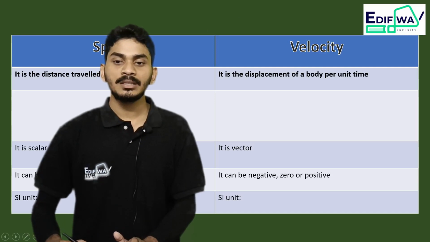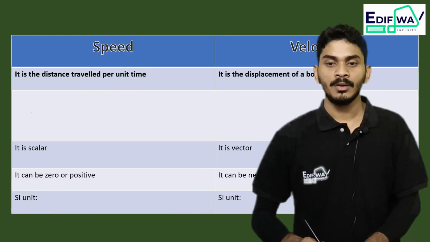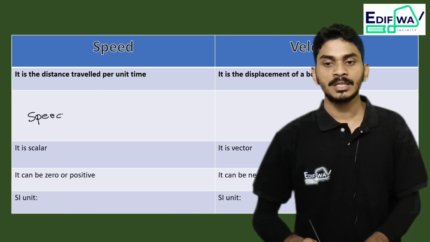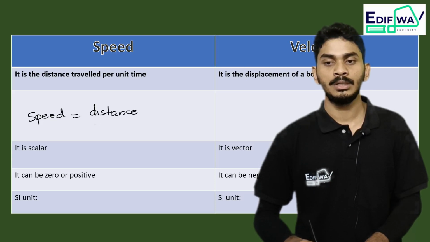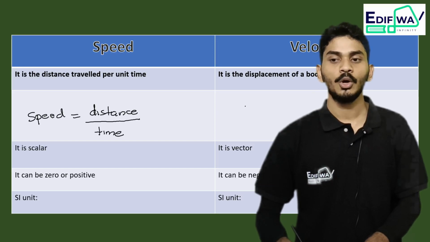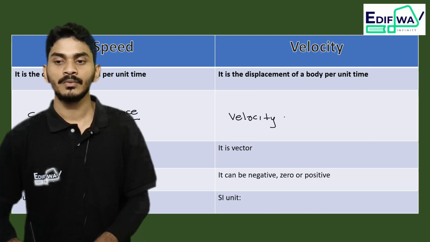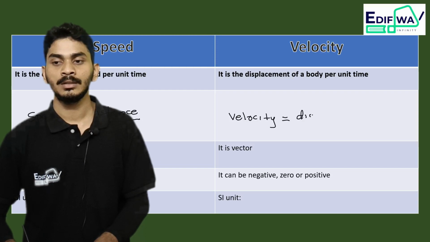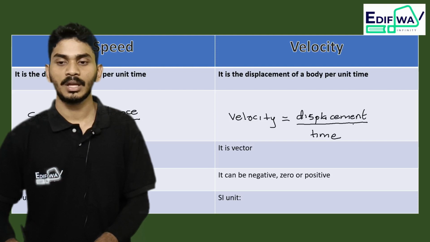Clear? So now let's see how to give them equations. For speed, the equation is speed is equal to distance by time, and velocity is displacement by time.